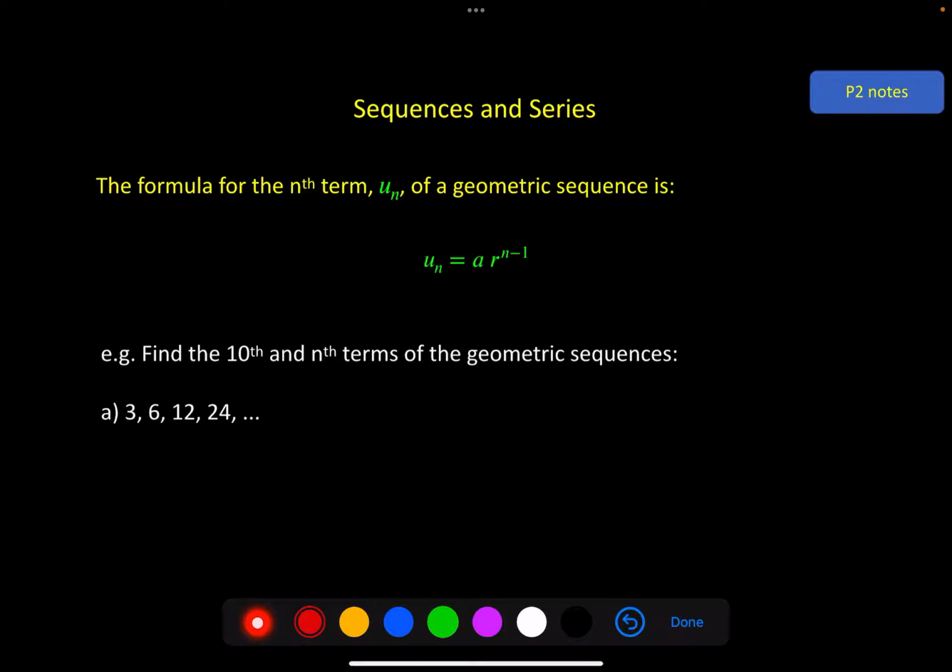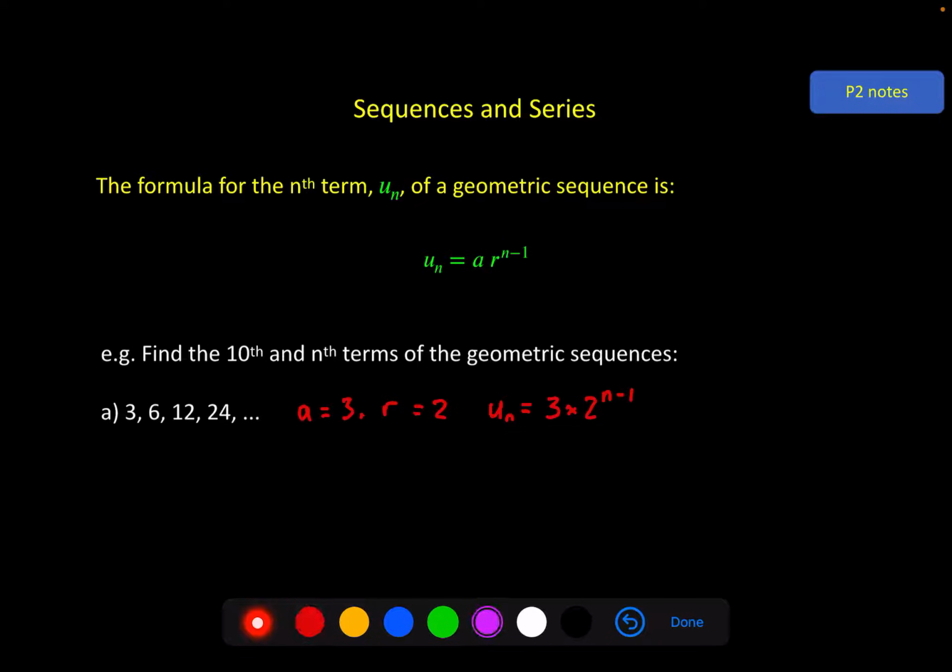So 3 to 6 to 12 to 24, a is obviously 3. The common ratio here is 2, so the nth term is 3 times 2 to the power of n-1. And personally, I do the nth term first because although you could do the 10th term by just following the pattern for 10 numbers, I find it easier to use the nth term now that I found it to then put in n equals 10.